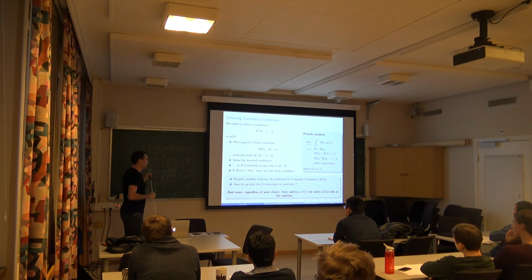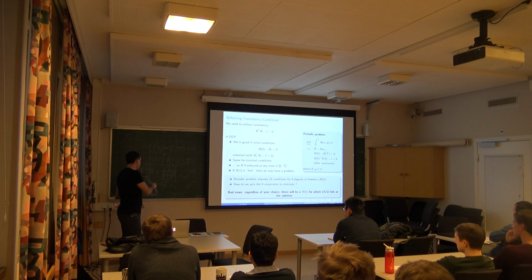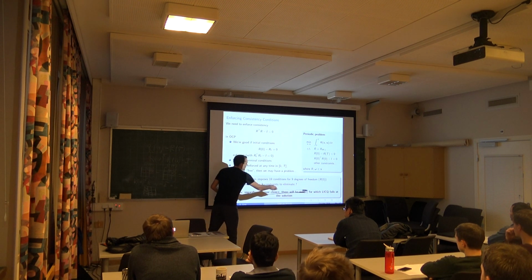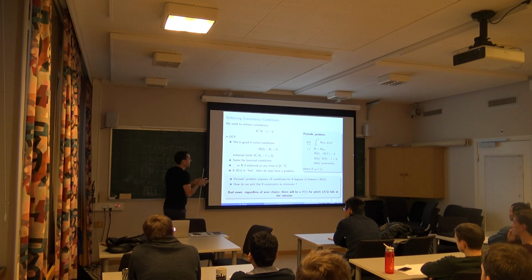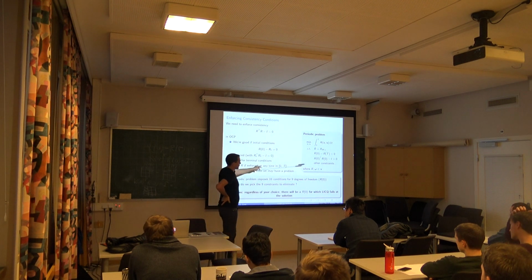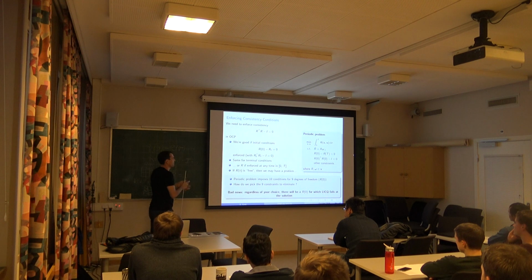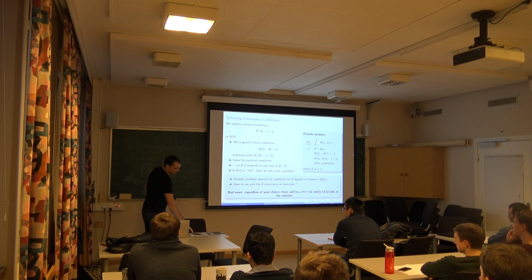The bad news, though, is that regardless of how you choose to eliminate constraints, there will always be a configuration where you still have constraints that are not completely independent. So having too many constraints for not enough degrees of freedom, that's an LICQ problem. You have dependent constraints, so it will basically screw up your solver.